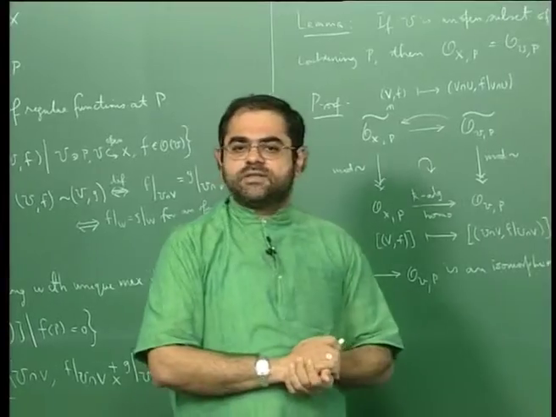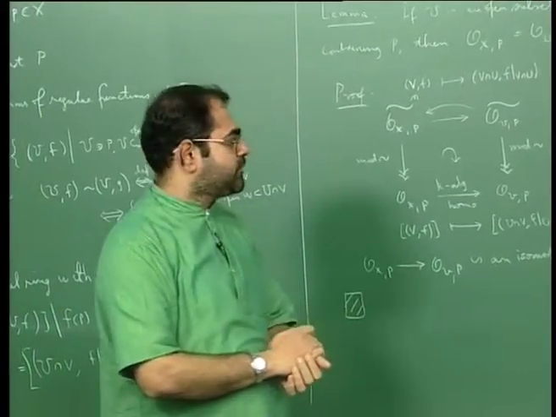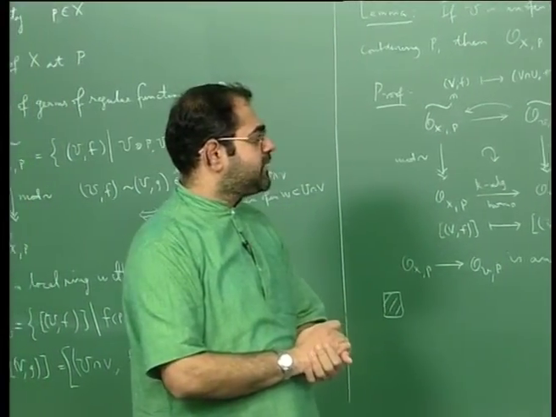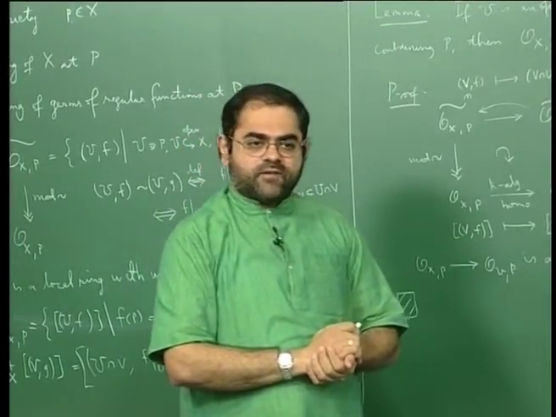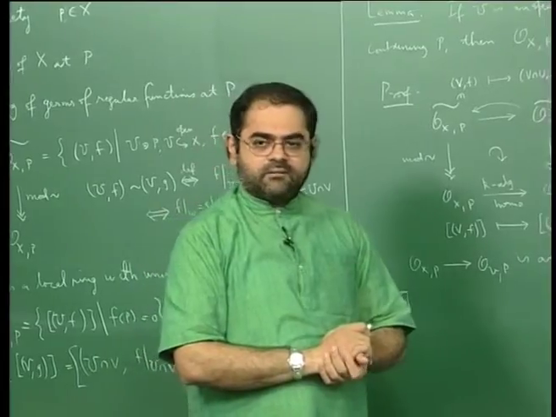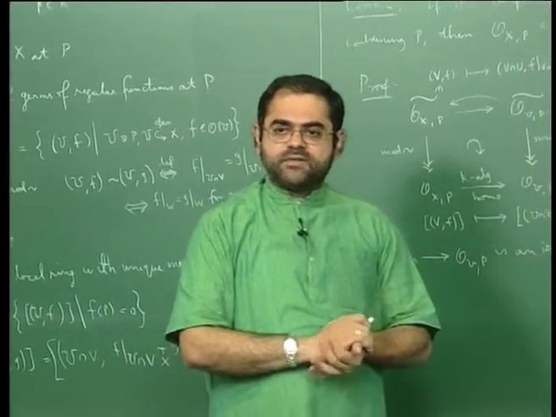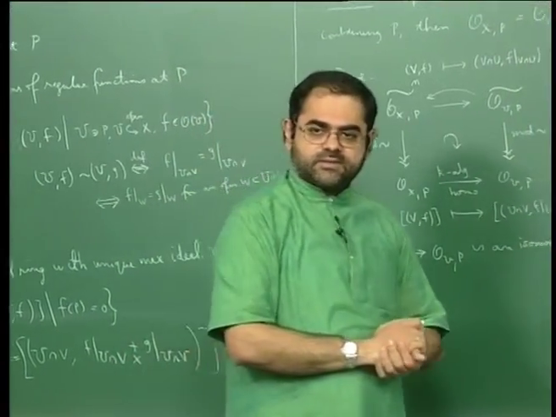So this uses the important fact that I stated in the previous lecture that any variety affords a finite open cover, a cover by finitely many open sets, each of which is isomorphic to an affine variety. Okay, it uses that fact.